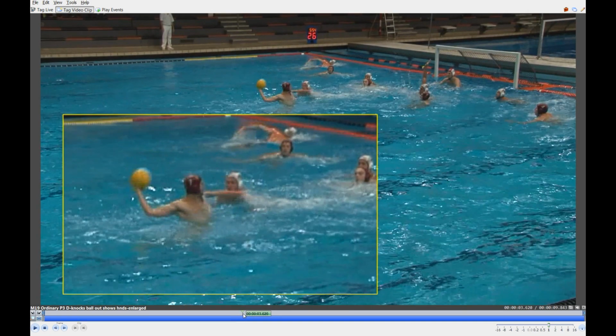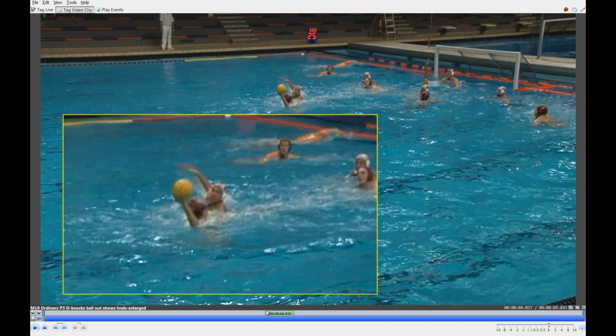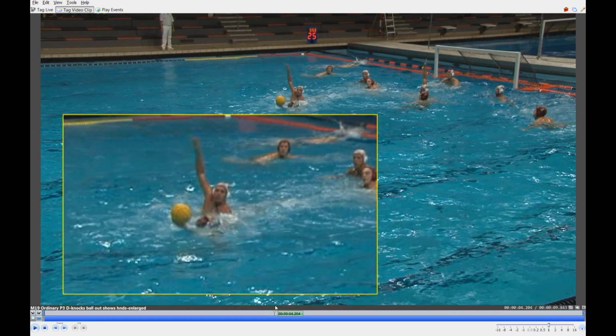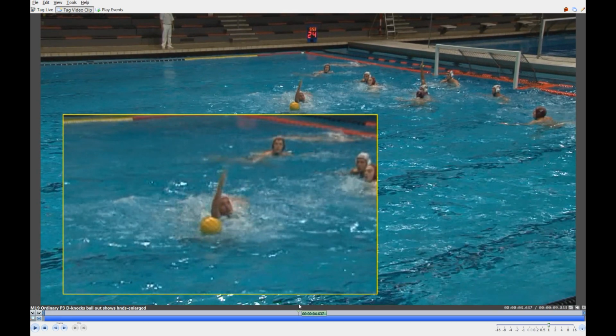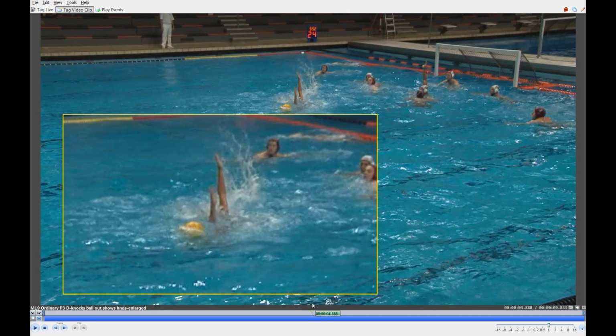And the defense will extend out and put his left hand on the shoulder. And as the offensive player releases the ball, right here, he kind of releases the ball and pushes it out.